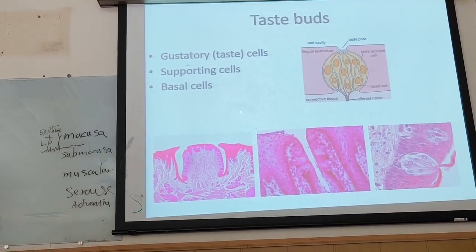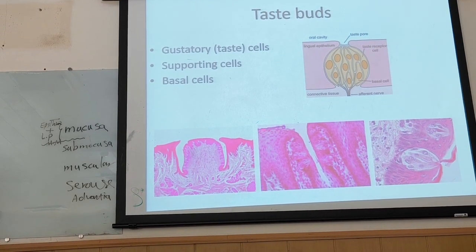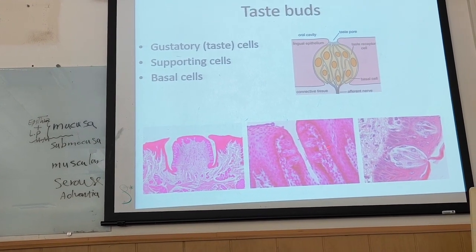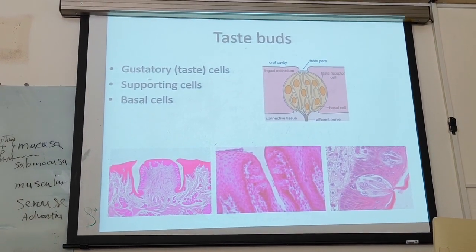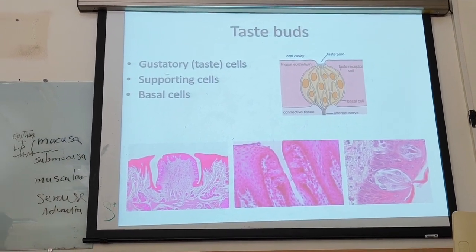This is the structure of the taste bud, schematically and practically. The taste bud is the receptor for tasting.